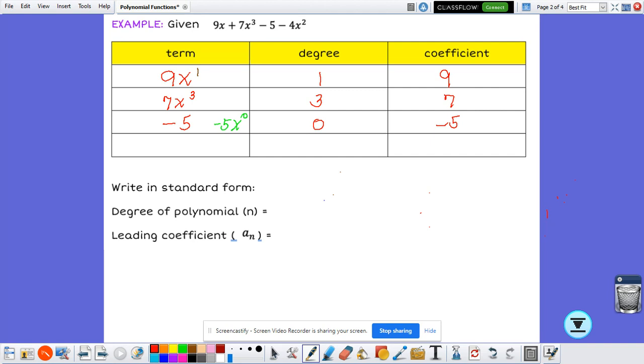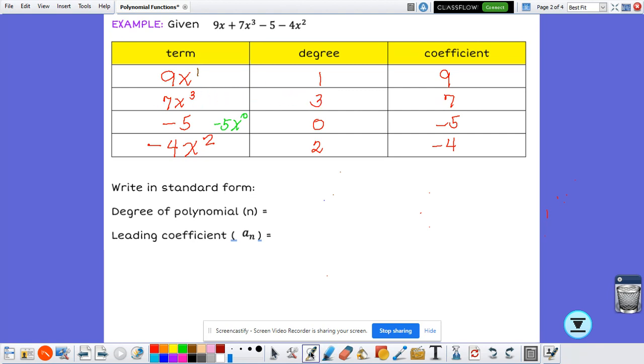And as for the last term, we have negative 4x squared. Negative 4x squared. The degree of this term is 2. And the coefficient is negative 4. Now, you're asked to write this down in standard form. Now, remember, in standard form, you start with the highest degree. So the highest degree is 3.